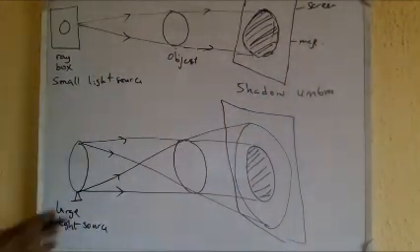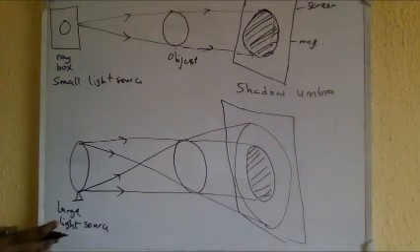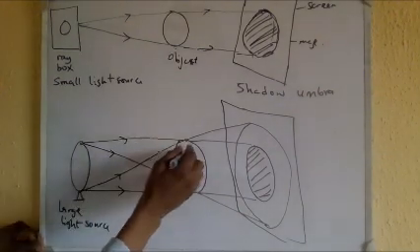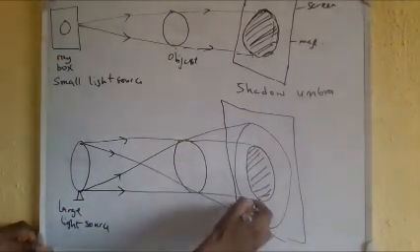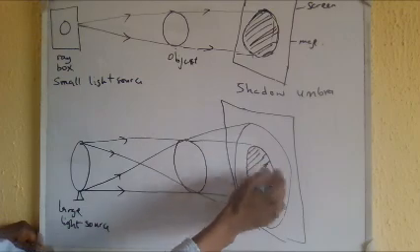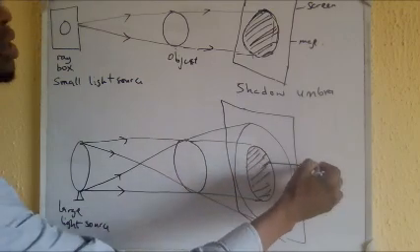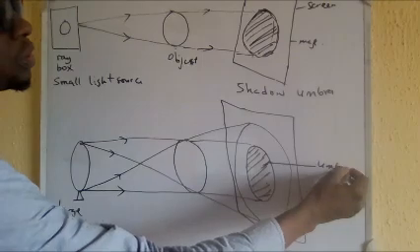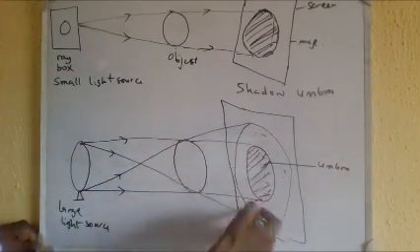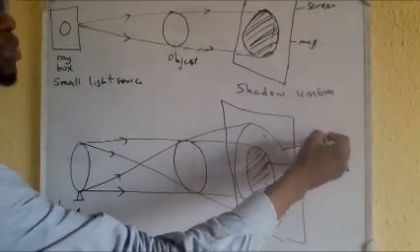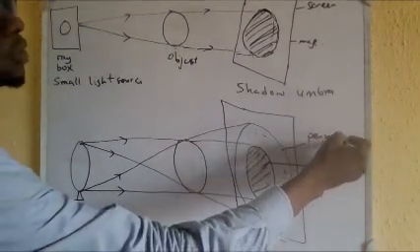Now, for the case of a big light source, the light is incident on this. There are two kinds of shadow effects. This one that is thick here is the umbra, and this other outline is the penumbra. Okay, what's the difference?